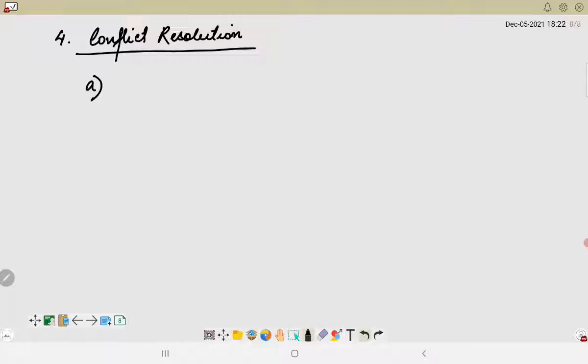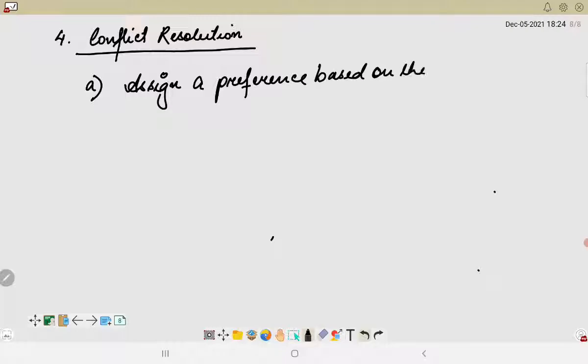The first one is that we will be assigning a preference based on the rule that is matched.